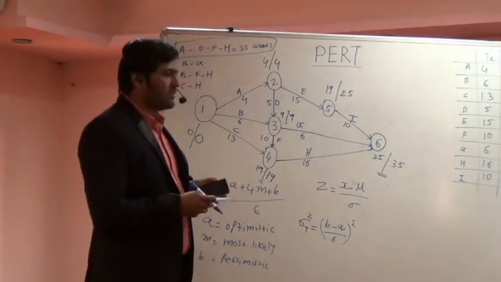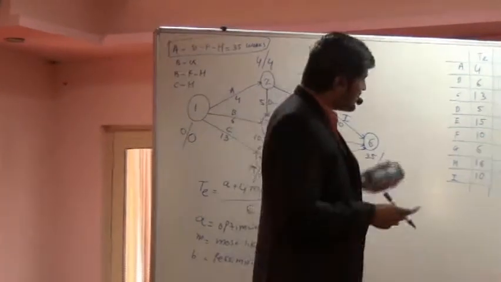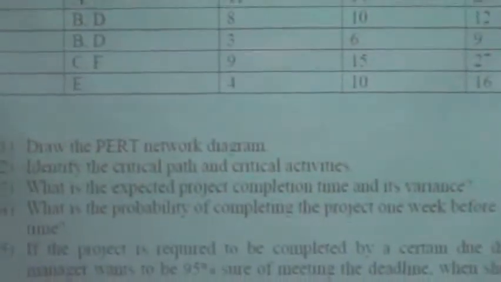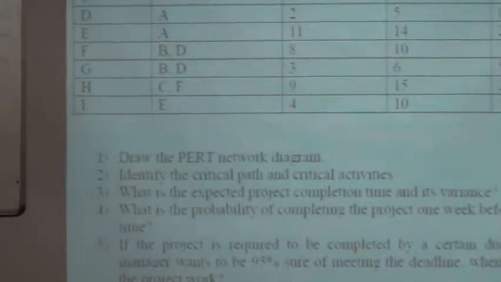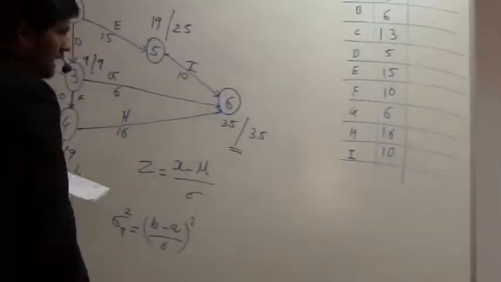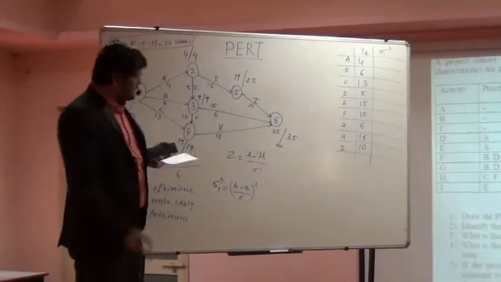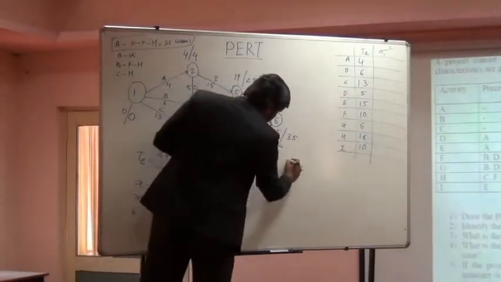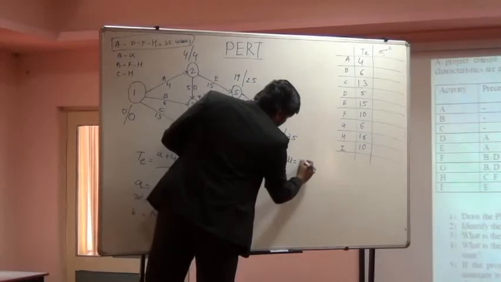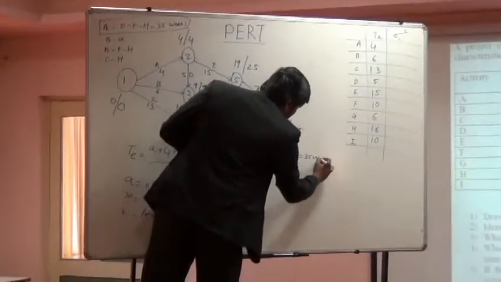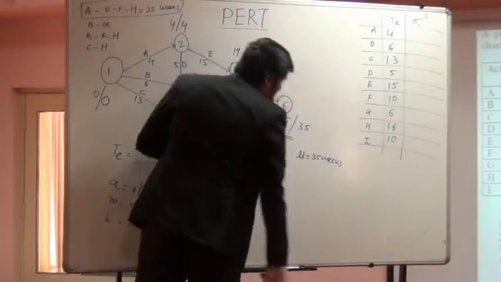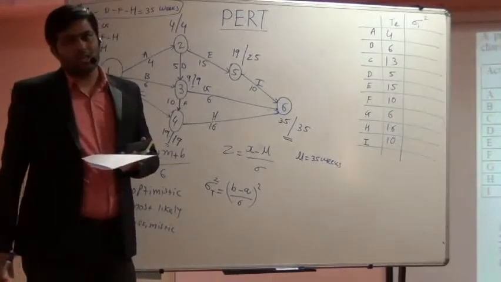Now, if you see the third question over here, that is: what is the expected project completion time and its variance. So this answer, 35, is the expected project completion time. When we say expected, that will become mu over here. So mu is nothing but 35 weeks, the expected time duration to complete this particular project.